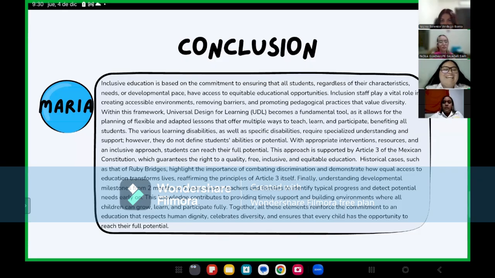This is my conclusion. Inclusive education is based on the commitment to ensuring that all students, regardless of their characteristics, needs, or developmental phase, have access to equitable educational opportunities.